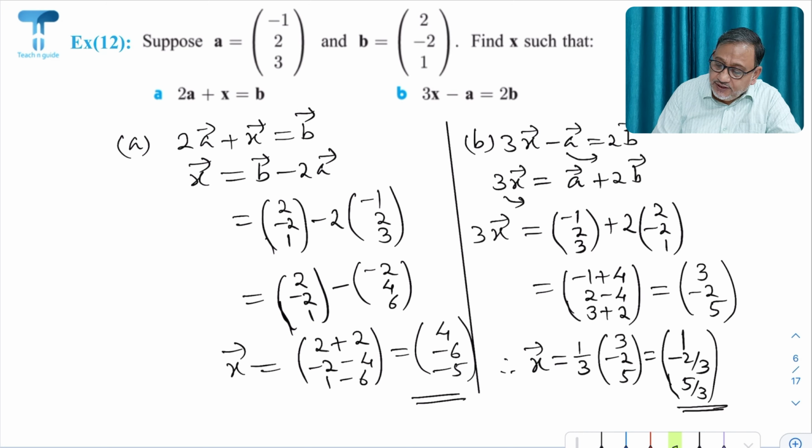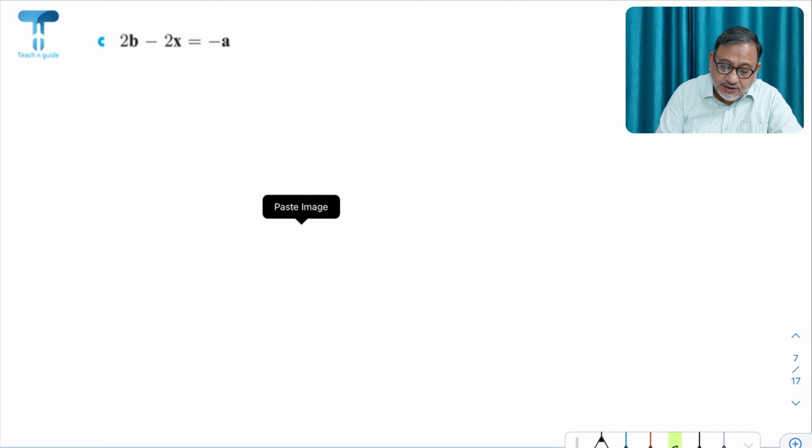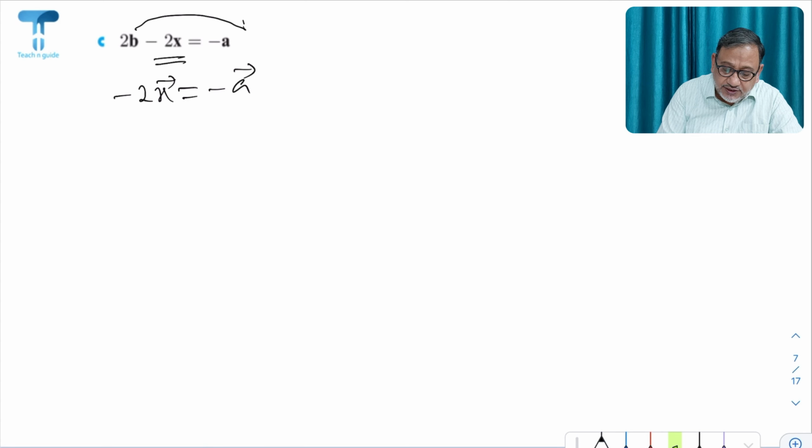Let me copy it there. Yeah. So from this, what can I do? I will keep this here, -2X is equal to -vector A, and this I will take there, so -2 vector B. Okay, now by minus I can divide, or just the minus sign I will change.